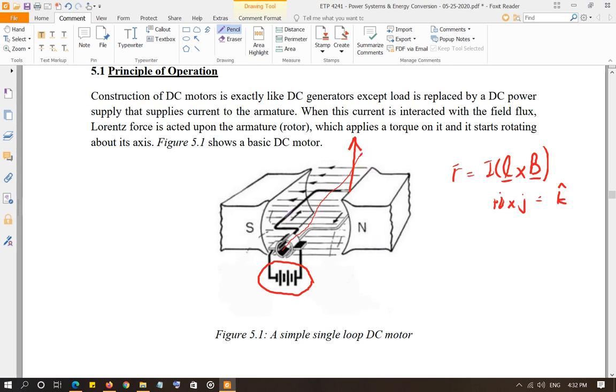And likewise, the side which is black, it is negative I cross J is equal to negative K. So it is going to move in the negative K direction. So basically, this coil is going to turn in counterclockwise direction under the action of the current and the magnetic flux.